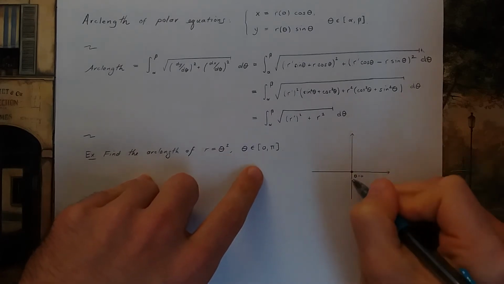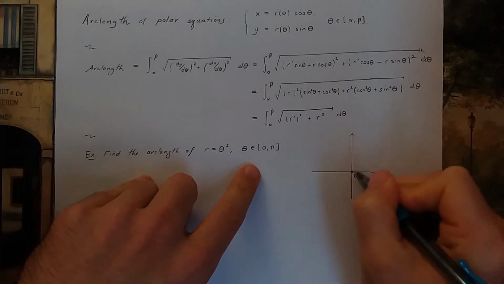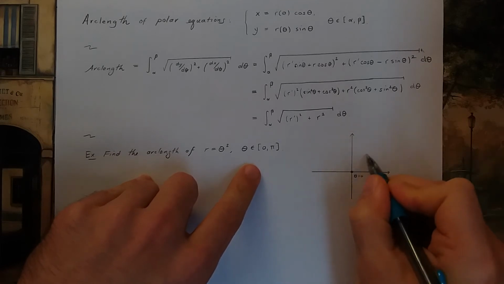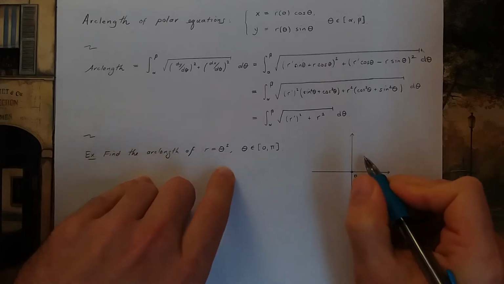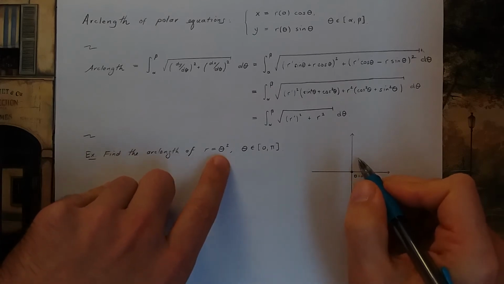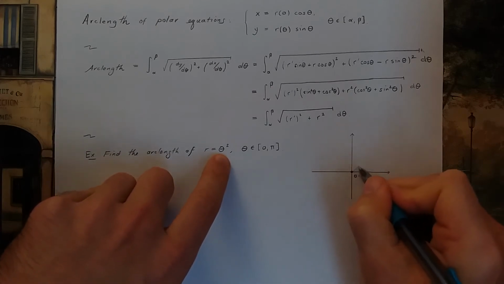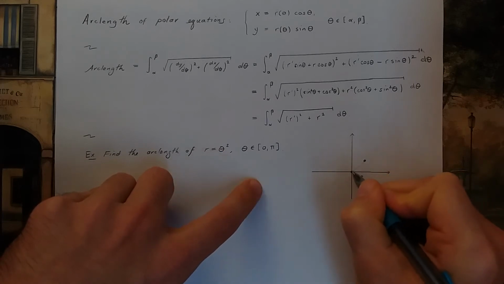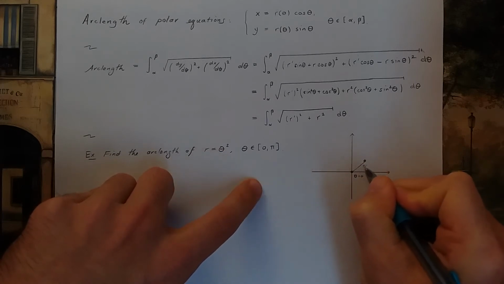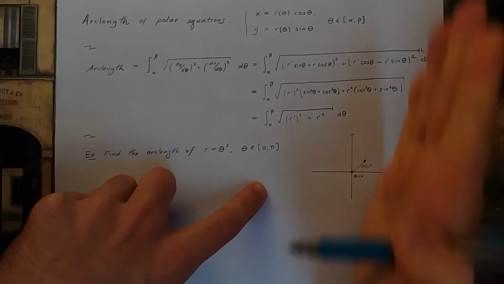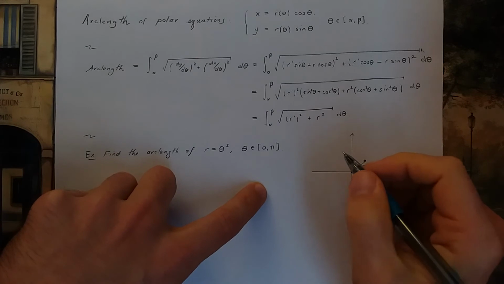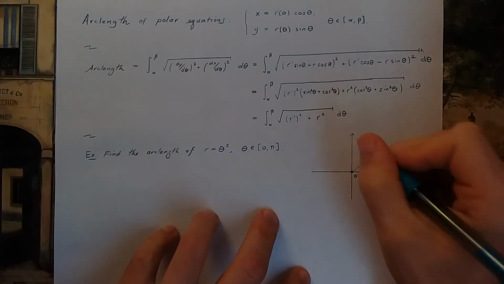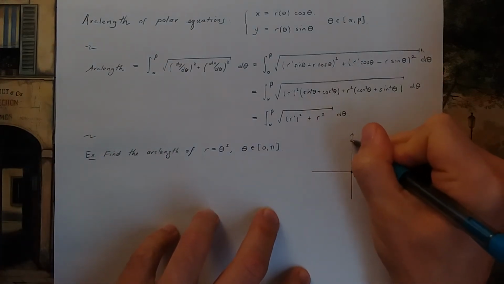If I'm at pi over 4, so at a 45-degree angle, then r is pi over 4 squared. So that's right here maybe. That's a distance r of pi over 4 squared. If I'm going straight up at pi over 2, then I'm even further.